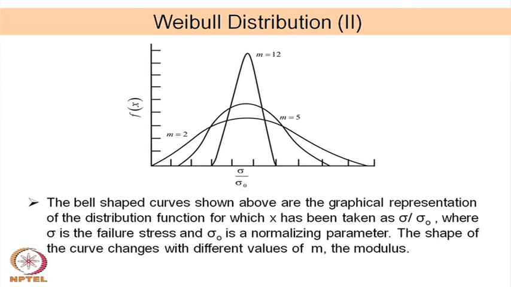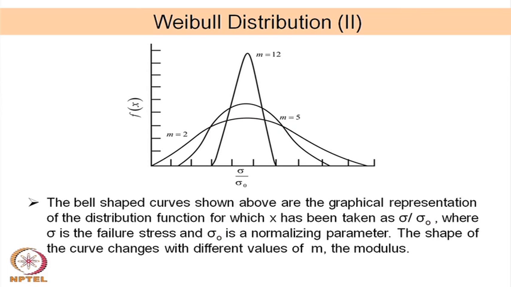A bell shaped curve or a Gaussian distribution curve is obtained, and the shape of the curve changes with different values of m. Depending on the shape of the curve the m is determined, or for different values of m the shape changes.